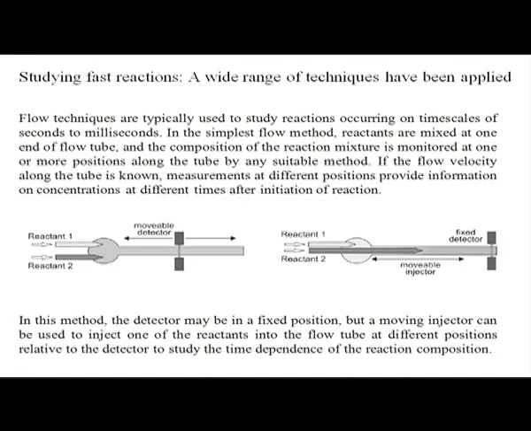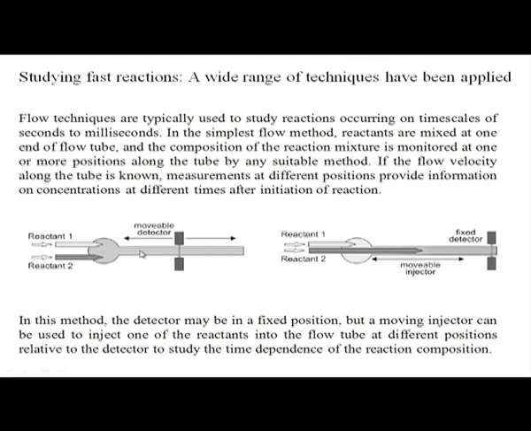So, in the simplest flow method, reactants are mixed at one end of a flow tube, and the composition of the reaction mixture is monitored at one or more positions.